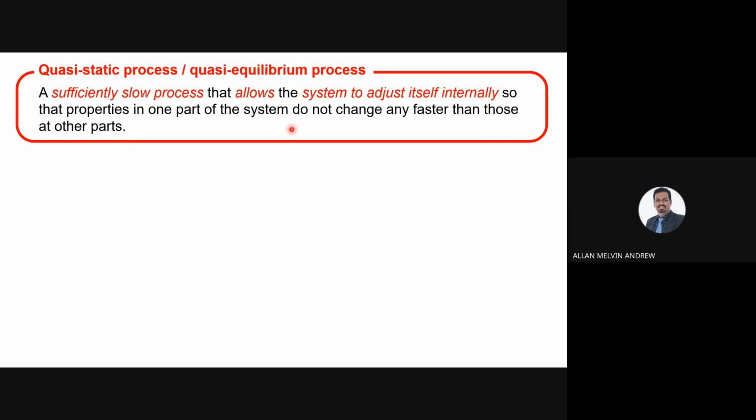So, quasi equilibrium process? Earlier I told you, if you want to go from Putra campus to Kangar, you can have different speeds. Let's say you take a train, you can go very fast.